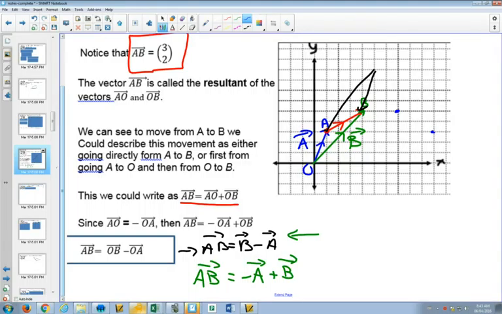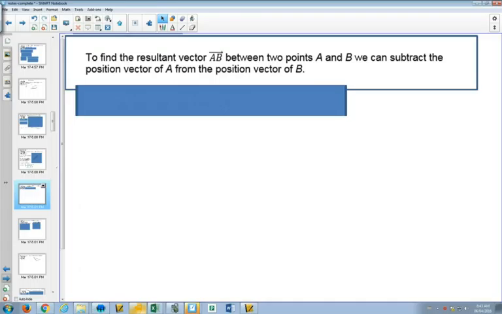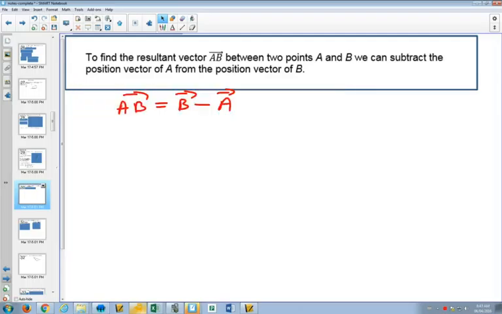And it's always going to be negative the first vector plus the second vector. So this is the general idea. And again, it's not wrong if you always want to write it like this.